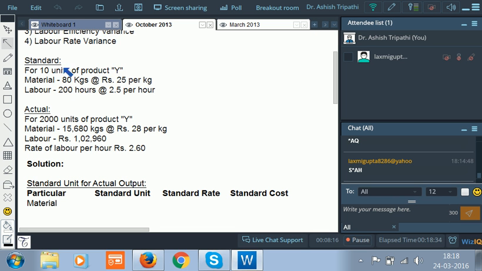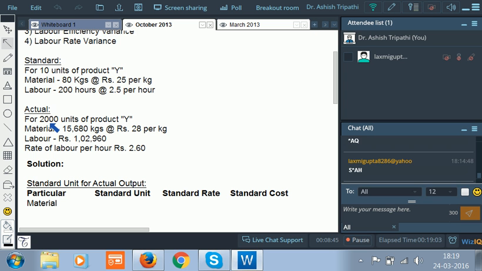So we will have to convert this standard unit as per actual output. Now how to convert that? For 10 units material required is 80 kg.